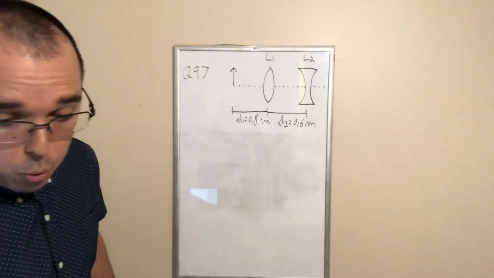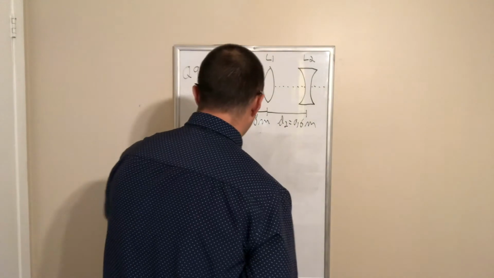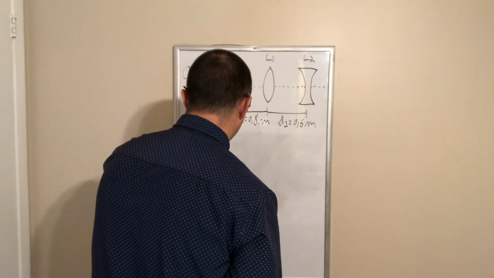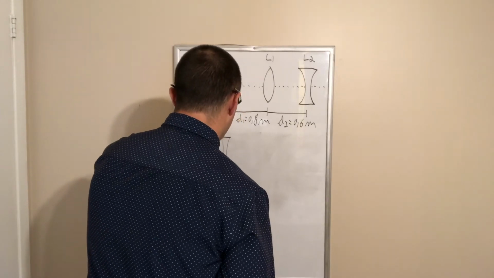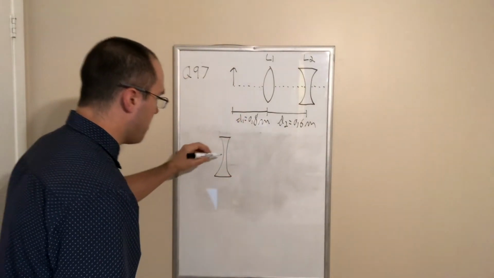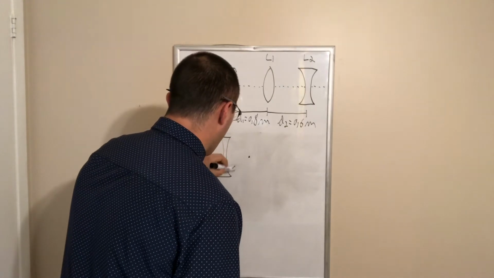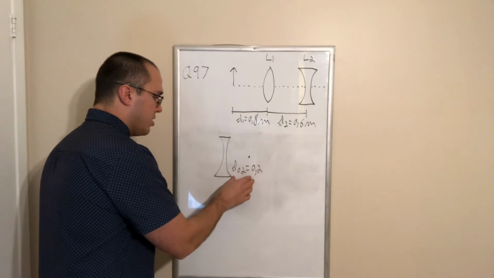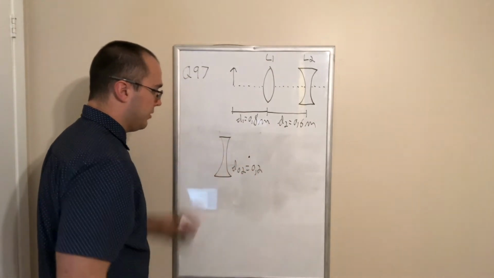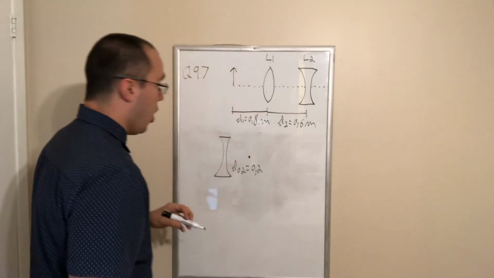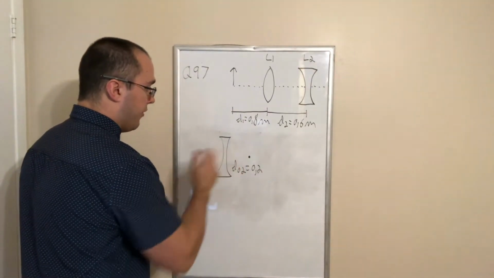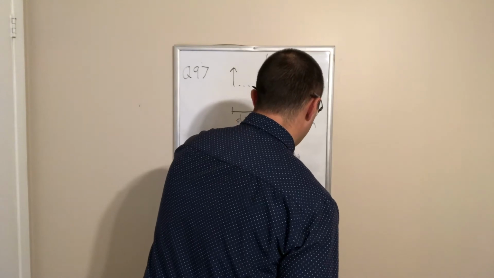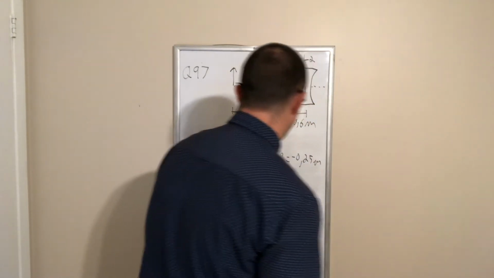From the point of view of the second lens, we simply redraw the second lens, and now we deal with a new problem with the distance of the object. DO2 over here is 0.2, and again the distance of the object is always positive. The focal length of the second lens is equal to minus 0.25 meter. This one does not change.